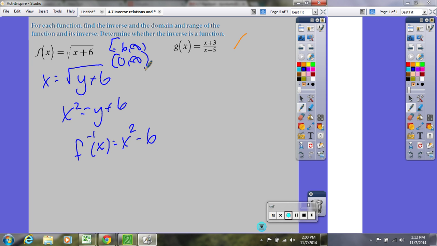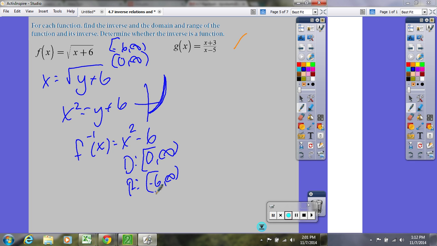But I have to use the range of the regular function, so therefore the domain is 0 to infinity, because I only care about that part of the graph. Because this dictates what this is going to be. And the range is going to be, notice, negative 6 to infinity.